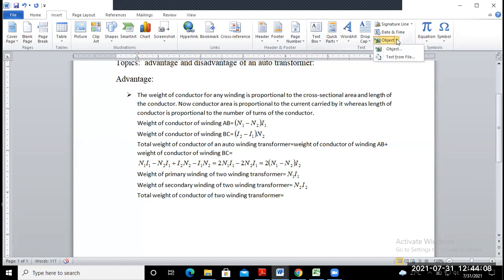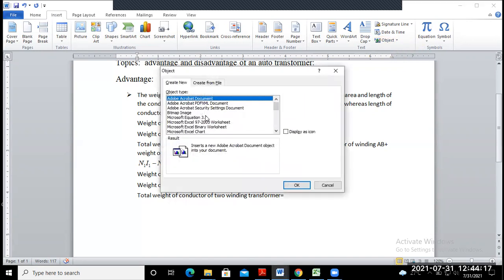Note again, put here in place of N2 I2 equal to N1 I1. So 2 times of N1 I1, is it not?